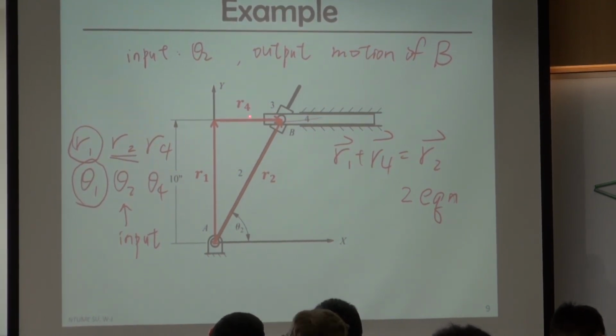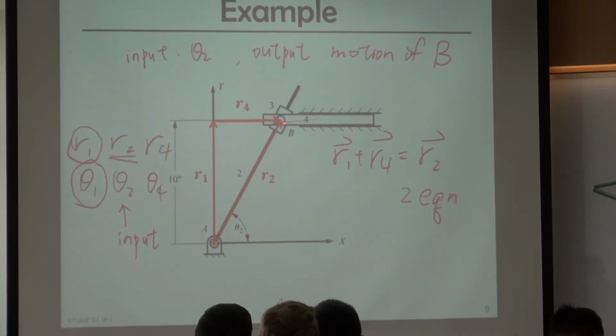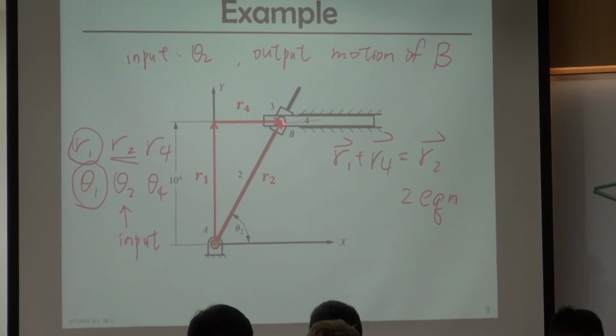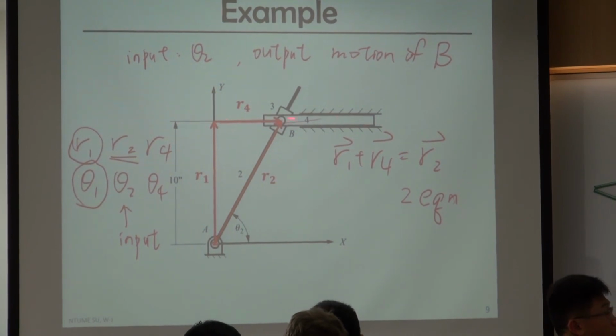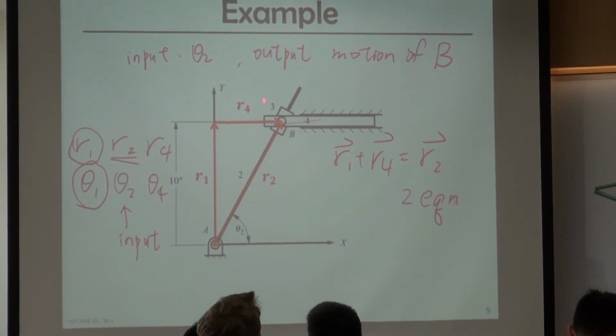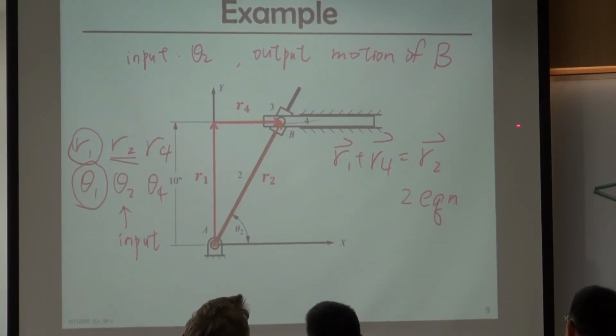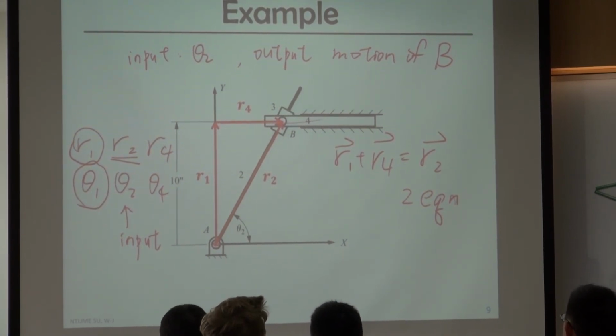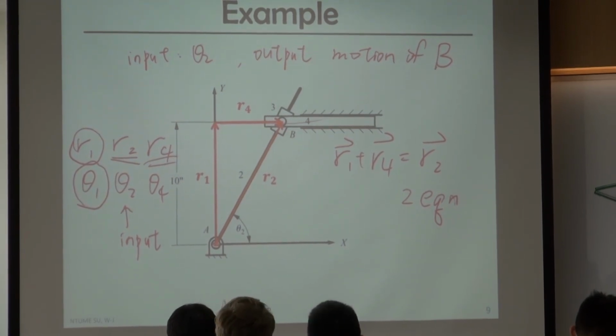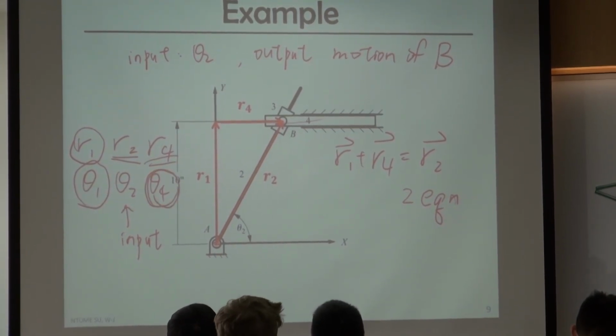And R4 is an unknown because obviously if you rotate this link, the length of R4 is going to change because the slider is going to slide forward or backward. So R4 is an unknown, but theta 4 is constant.